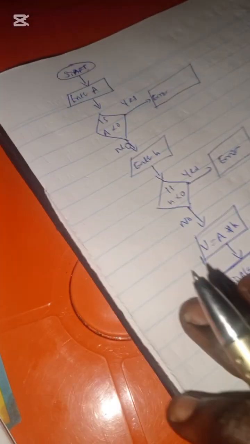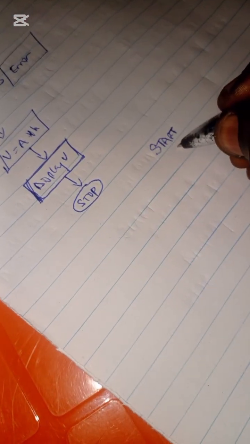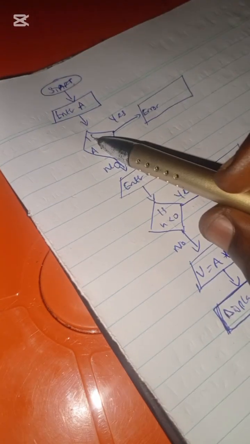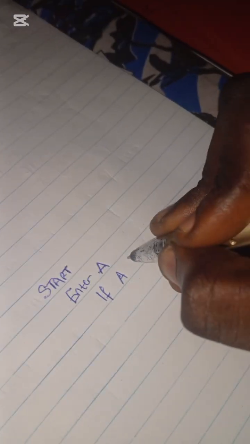Next thing, what they do, they entered A, right? So don't forget to leave a space. You enter A. Then they make sure that A is positive, right? So what do you do here? Use if A is less than 0.